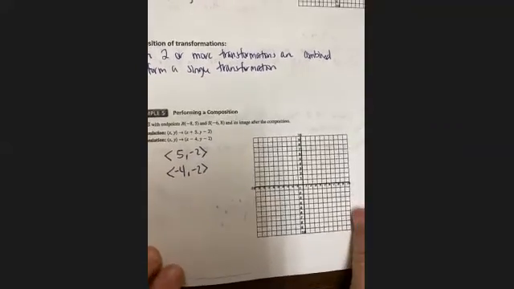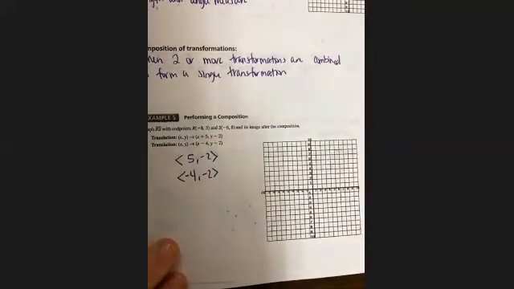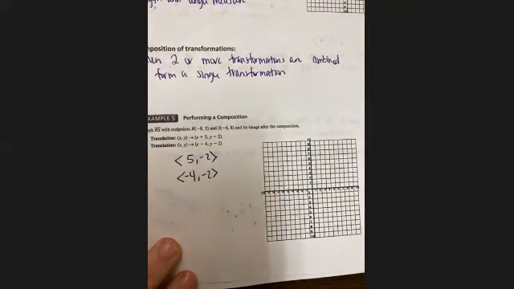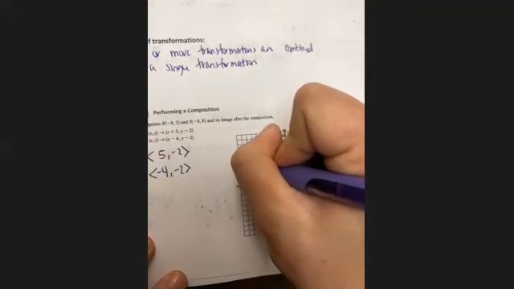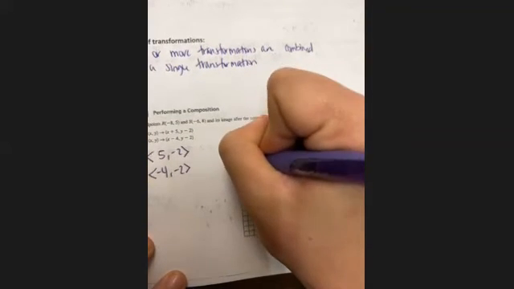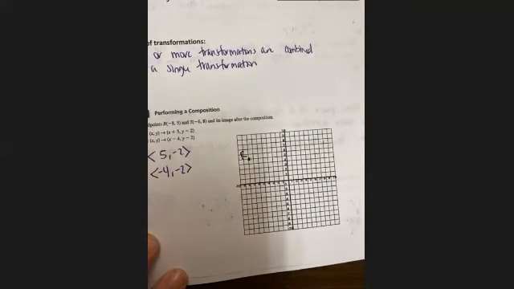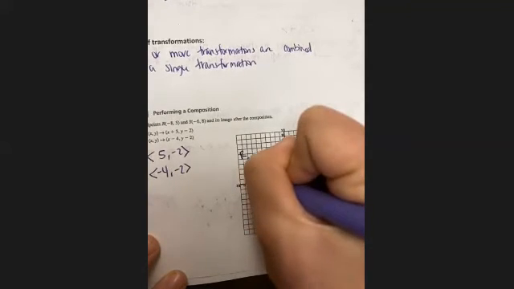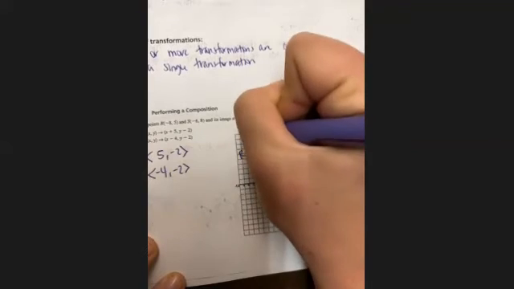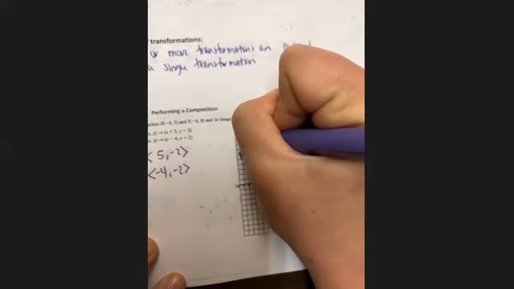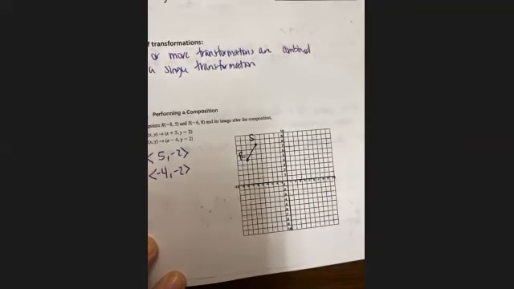Let's graph our original segment. R is at -8, 5, label that R. And S is at -6, 8. Combine those to get your segment, and make sure they're labeled.